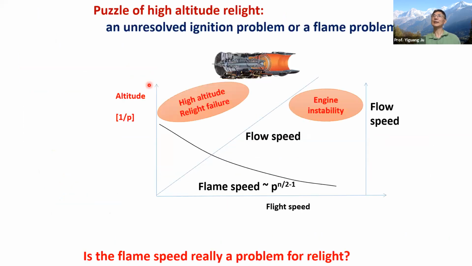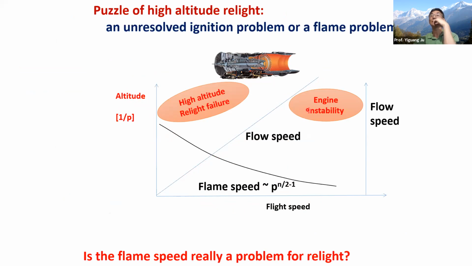If you're looking at a relight afterburner, at higher flight speed and higher altitude, the pressure will be lower, so the flow speed will be higher too.